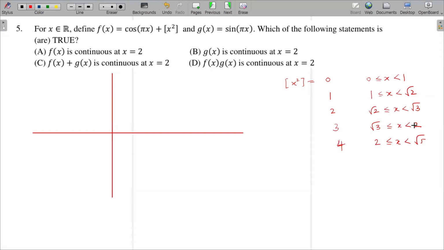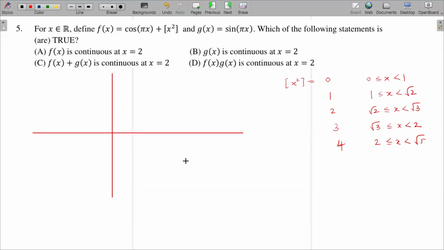Yes, sir. So anyway, at 2 it is changing its behavior. Am I correct? Let me check once. Yeah, so it is not making any difference in the answer.